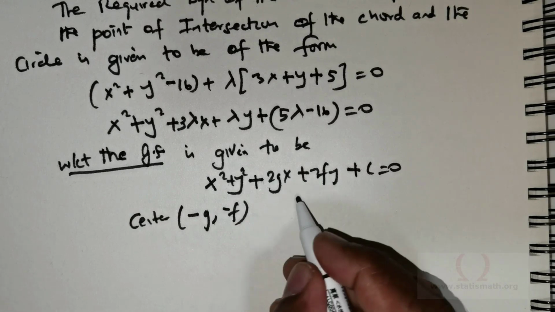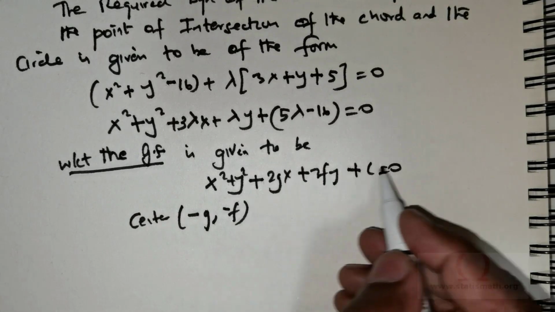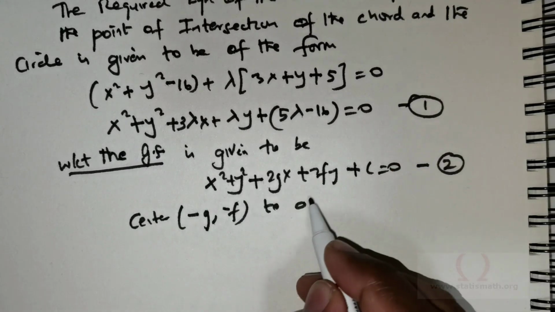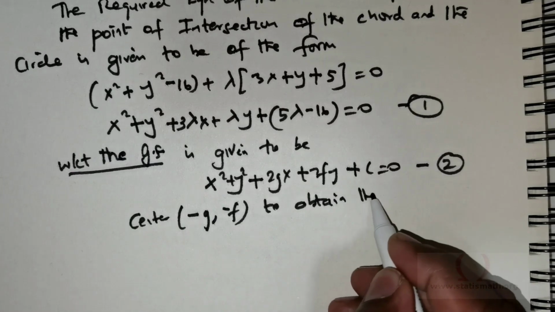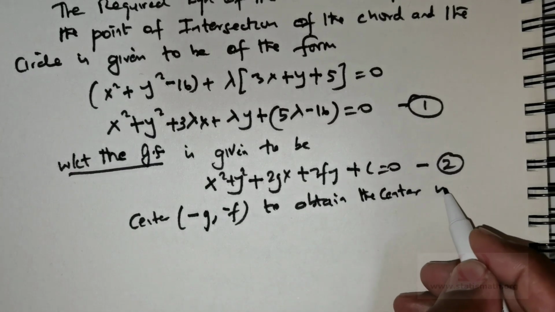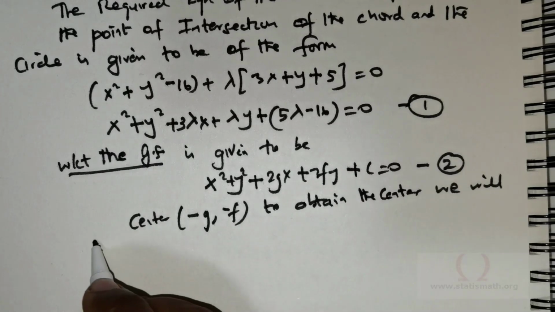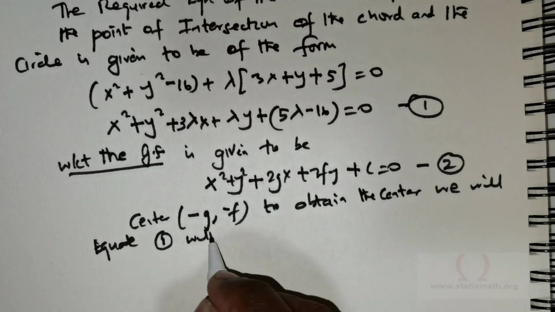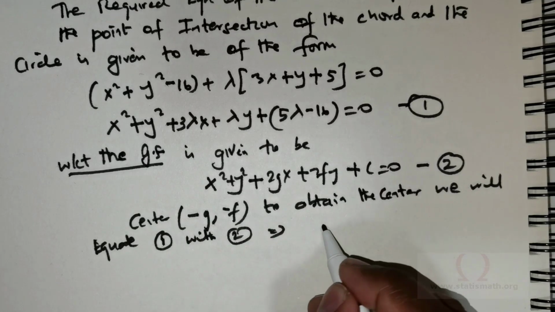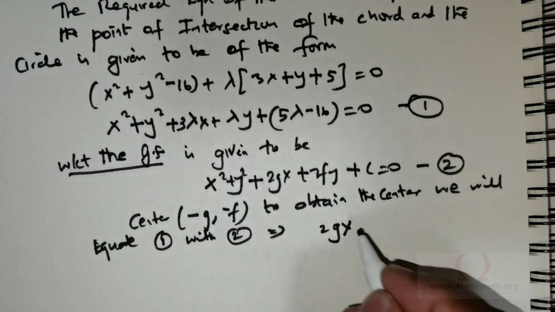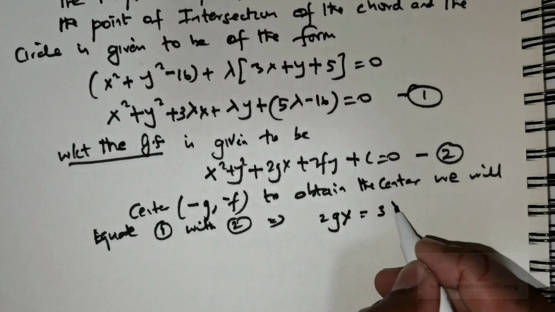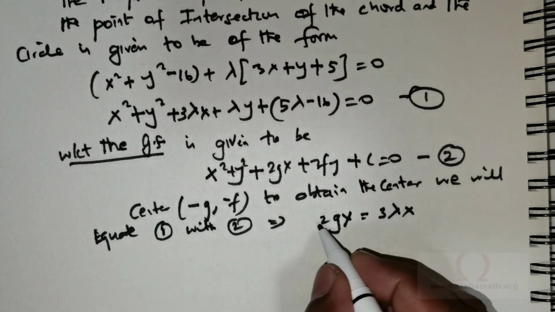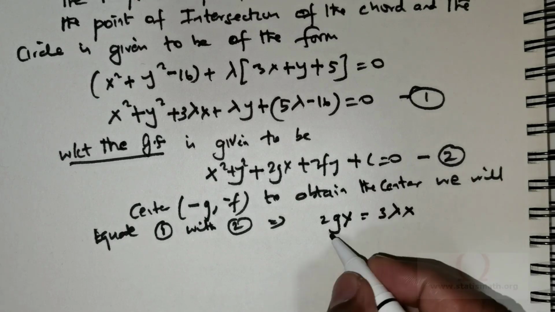To obtain the center, we will equate 1 with 2. So I've got 2gx equal to 3λx, so x and x will be cancelled. Whenever we are equating, we will be following this procedure.